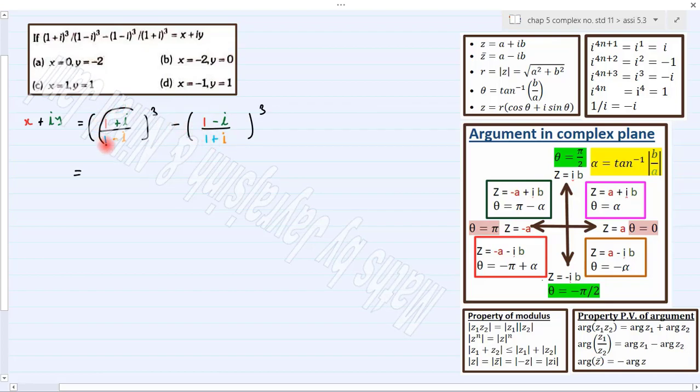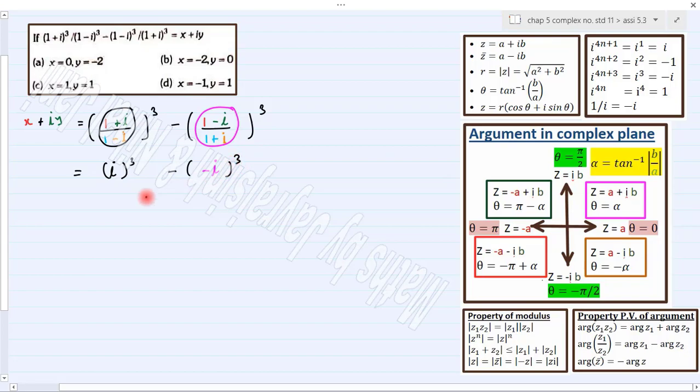We can simplify (1 + i)/(1 - i) as i. So we will get i cube, and in the second term, this (1 - i)/(1 + i) can be simplified as minus i. So we will get minus i cube.